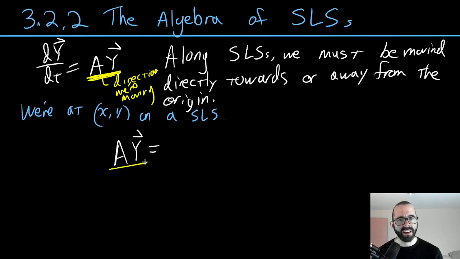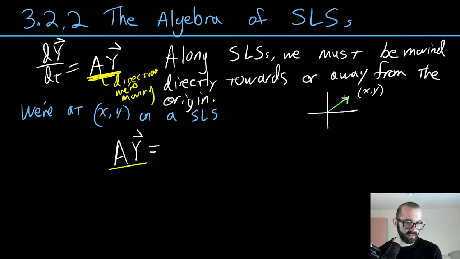How do we write that? Well, if we're at some arbitrary point (x, y), that means that the direction we're moving needs to be some multiple of this vector, right? If we're some multiple of this vector, we're moving away from the origin.